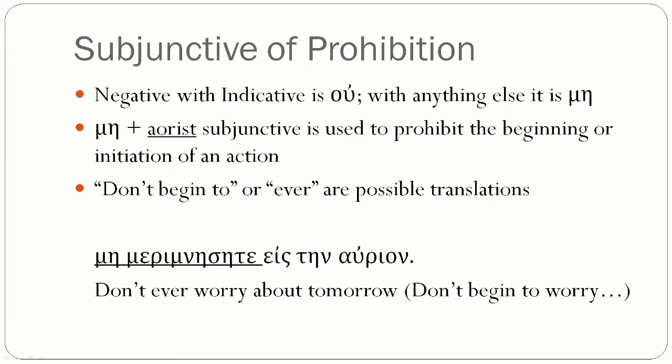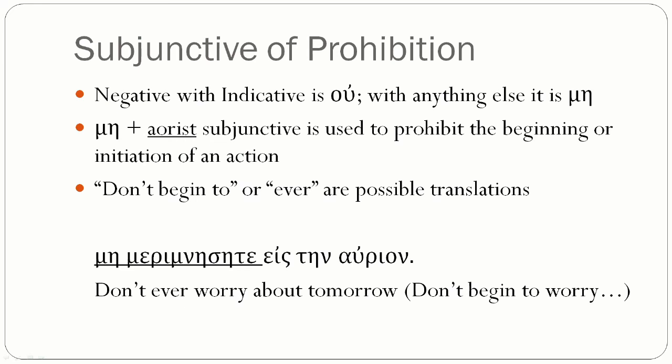But there's a specific kind of subjunctive where me plus the aorist subjunctive is used to prohibit the beginning of an action, the taking of an action, or the initiation of an action. Okay, so me plus the aorist. And the way that you translate this is something like don't begin to, or don't ever, don't start to.